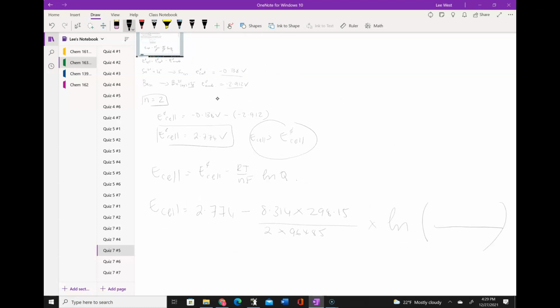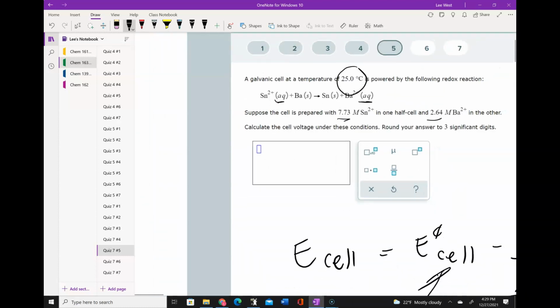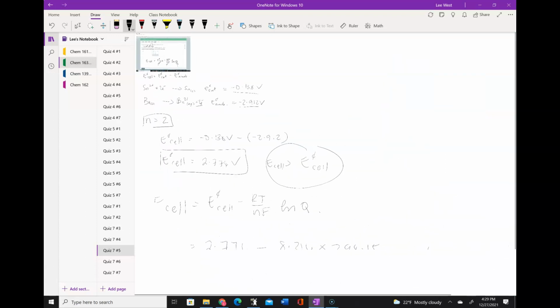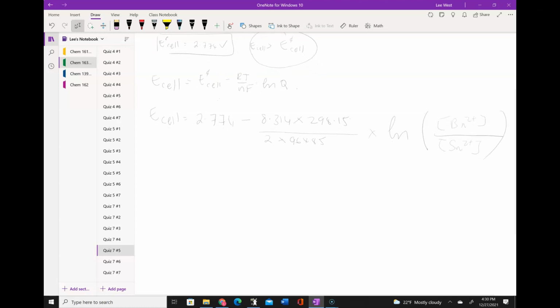And so Q is products over reactants. So look at our balanced equation. You realize that the solids we don't include. So our products are just the barium ion concentration and the reactants are just our tin ion concentration. All right, and that's it.